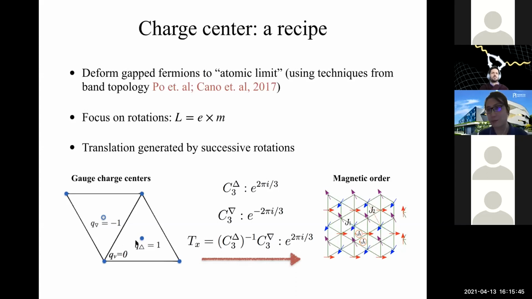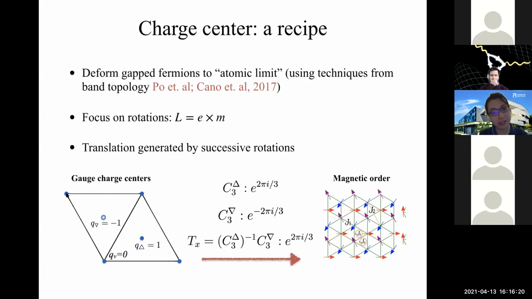When I say atomic insulator, you basically think of the fermions as localized charged objects, localized orbitals at some real-space points on the lattice. For example, if you take this quantum spin Hall insulator on the triangular lattice and try to deform it to an atomic insulator while preserving all the lattice symmetries, you get a picture that looks like this.